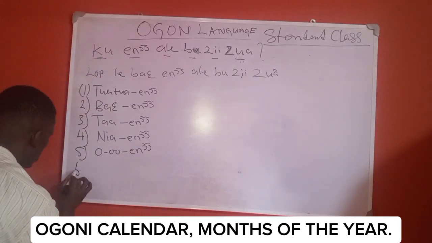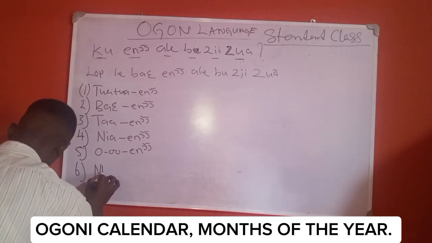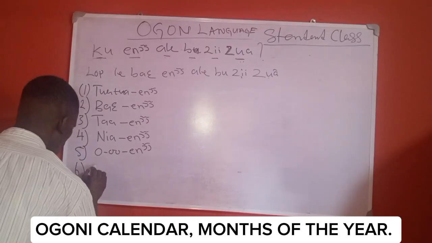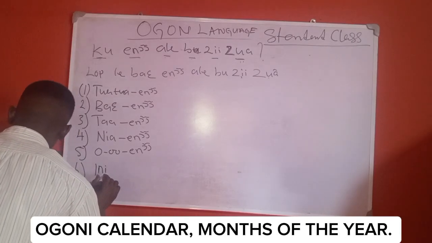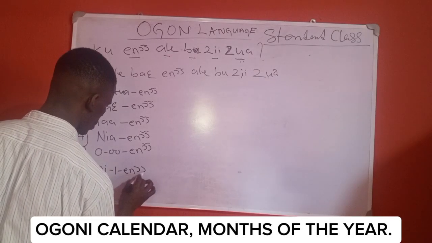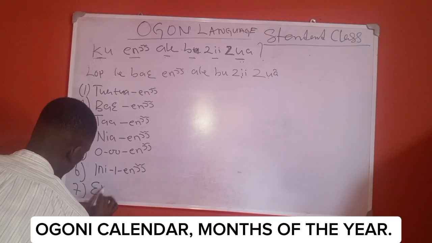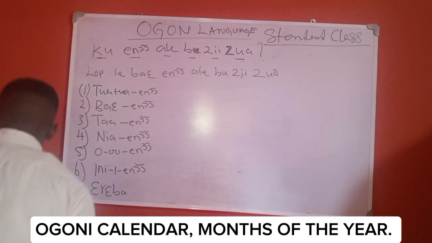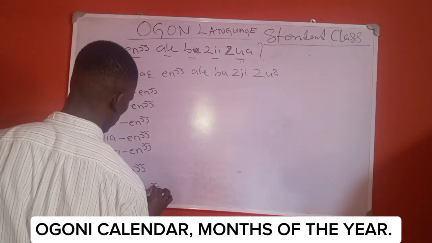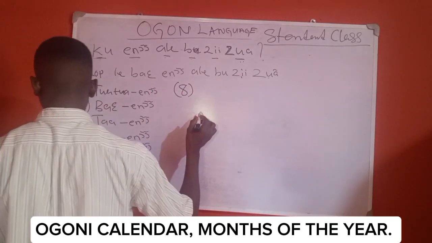Here we have 6, ini eno. We have 7, eleba eno. Here we have 8, which is eleta eno.